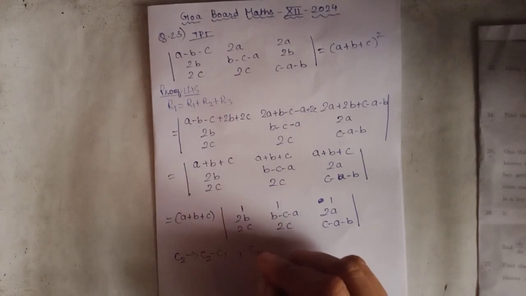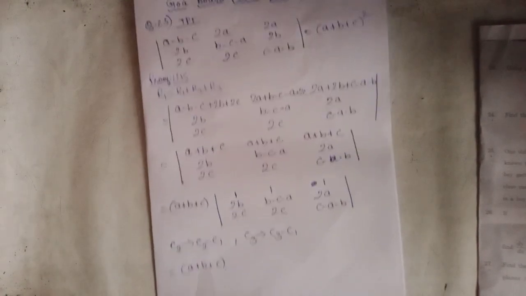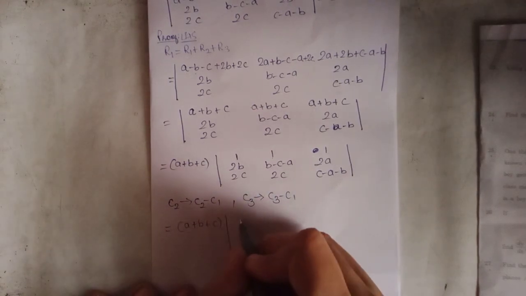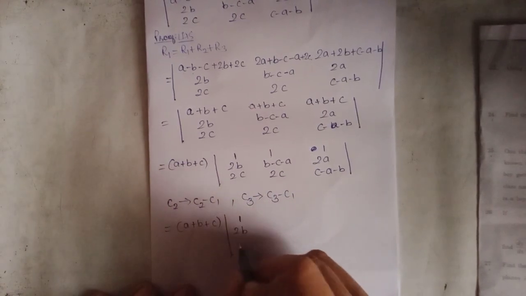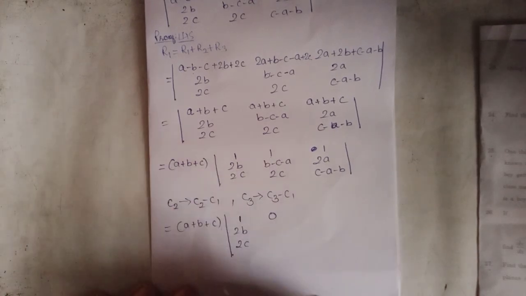C3 minus C1. Keeping a plus b plus c as it is, first column remains same, second column minus first column, this is 0.